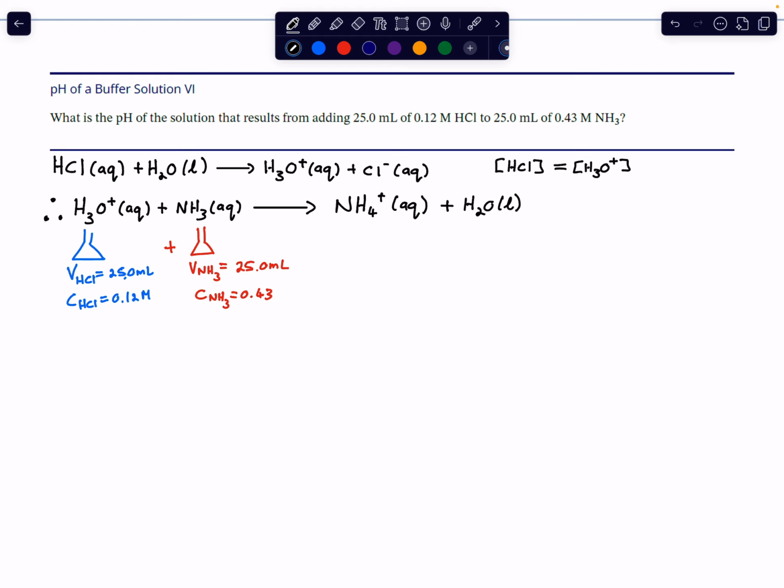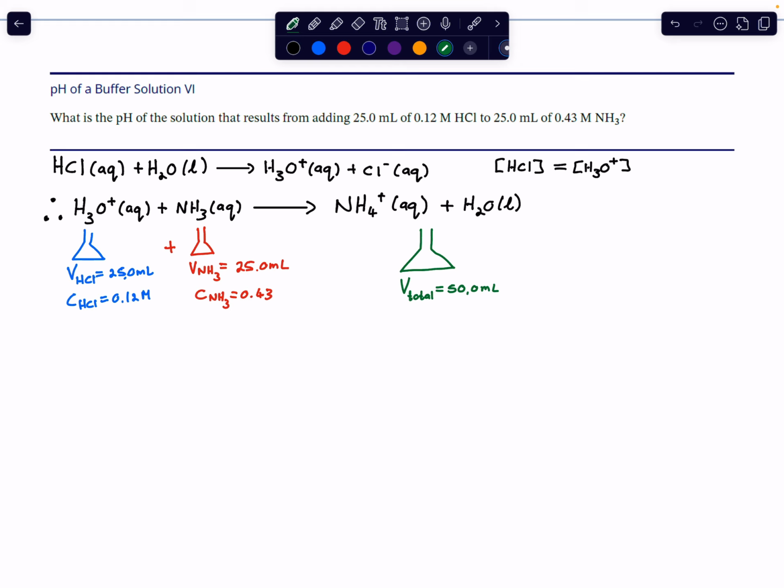So that is what is formed, and that is in one of the beakers. So let's give that a different color. And what we need to remember is that this will have a new volume, which will be of course V total. We can already see that's going to be 50 milliliter.